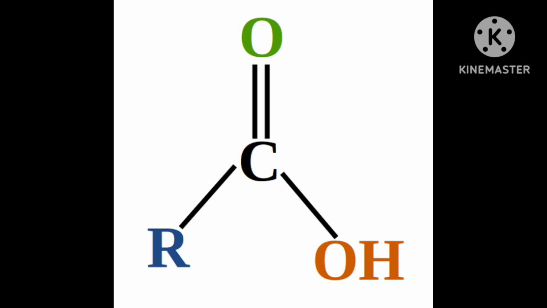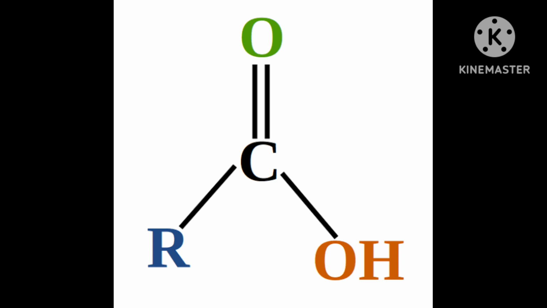Again you listen. For naming compounds containing more than one carboxyl group, the ending E of the alkane is retained. The number of carboxyl groups is indicated by adding a multiplicative prefix like di, tri, etc. to the term oic.